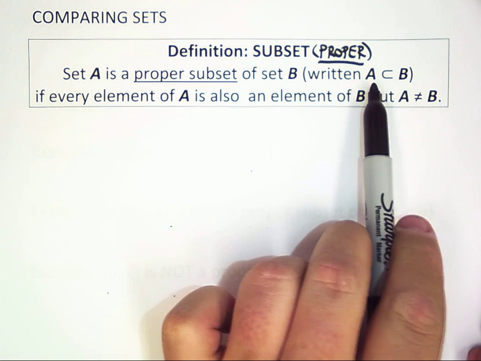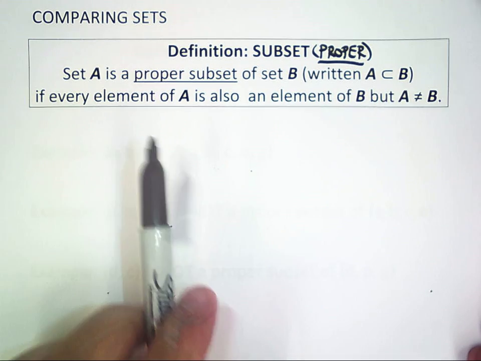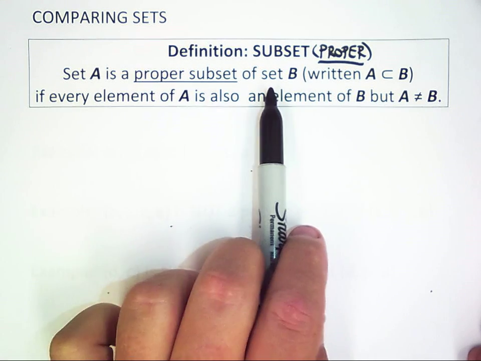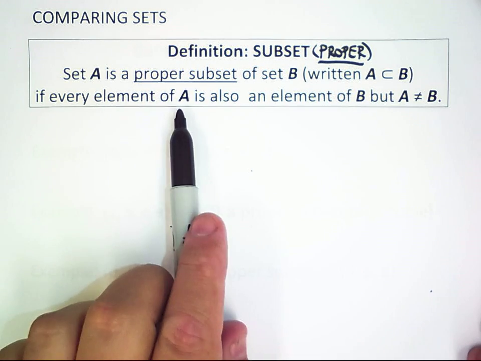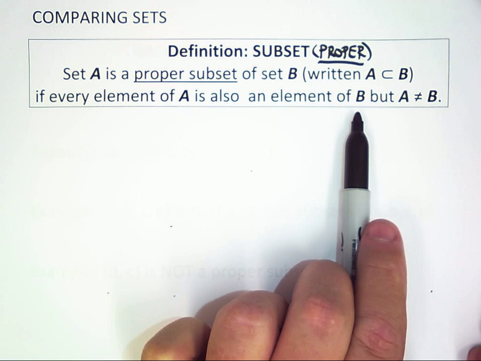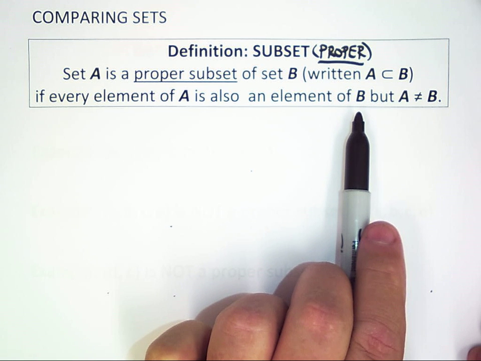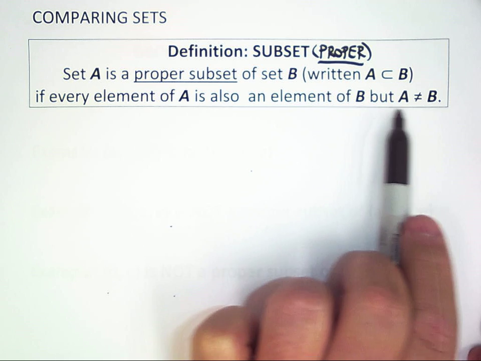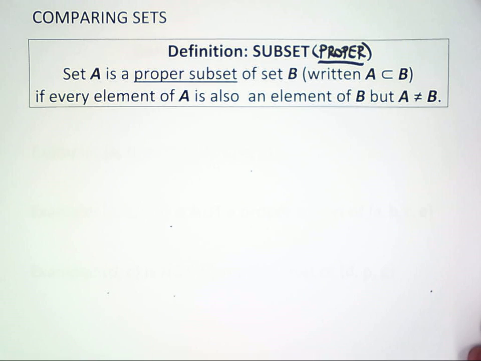So you'd write A and then a sideways U to B, and that means proper subset. A set A is a proper subset of a set B if every element of A is also an element of B. Now that's the same as for a regular subset, with this extra condition that A and B can't be equal to each other.